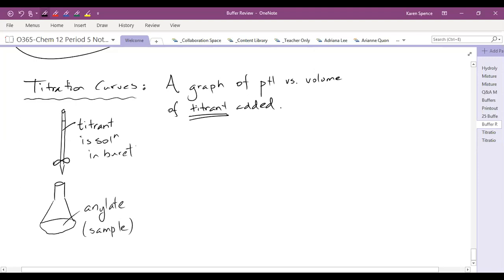Okay, so the titrant is the solution in the burette, and the analyte is the solution in the flask. Your titrant is your known, and your analyte is your unknown.